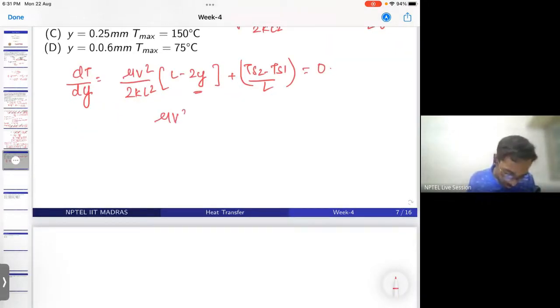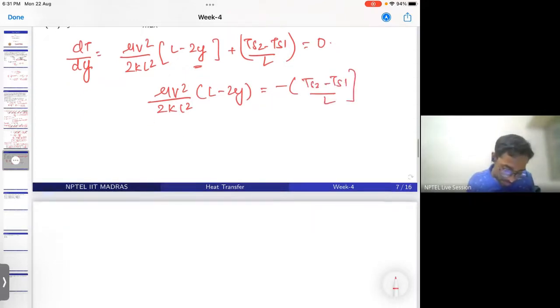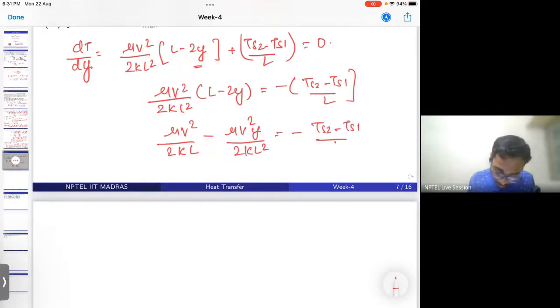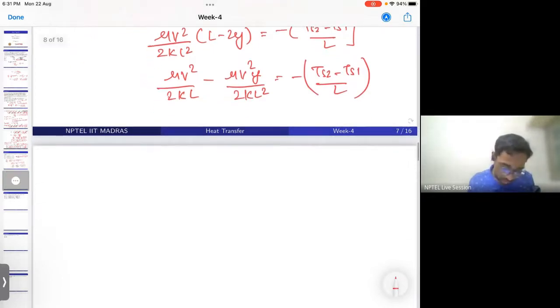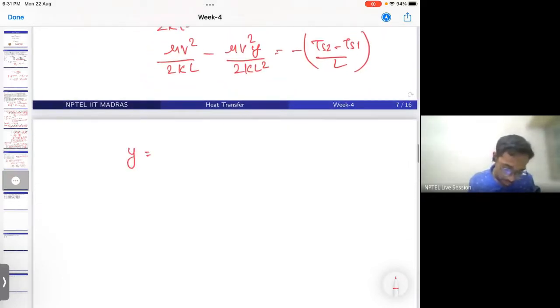So μv² divided by 2kL times (L minus 2y) is equal to minus of (Ts2 minus Ts1) by L. So μv² L by 2kL minus μv² y by kL is equal to minus (Ts2 minus Ts1) by L. Now we have to find out what is y. So y is equal to μv² by 2kL plus (Ts2 minus Ts1) by L.